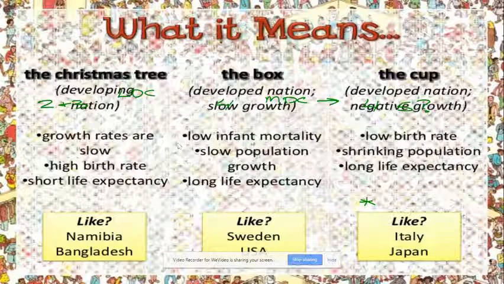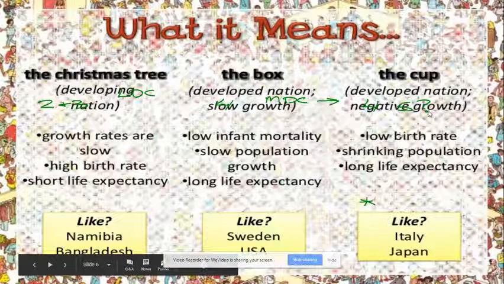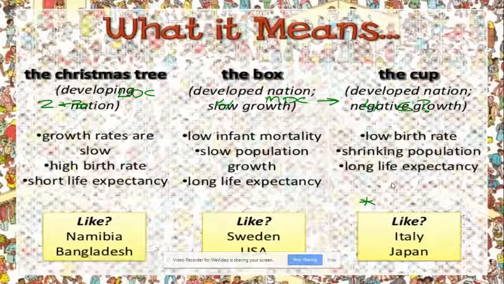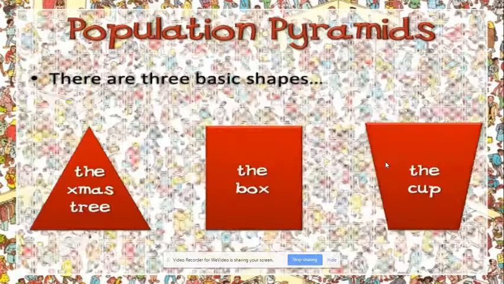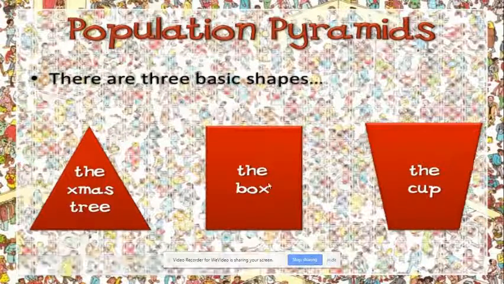In the box, you find low infant mortality, meaning more children live through childhood. Population growth is still relatively slow, and there's a long life expectancy. These are countries like Sweden and the United States. And the cup is a country where you find negative growth. There's a low birth rate, a shrinking population, and a long life expectancy. So you see low birth rate, very high life expectancy, and then not a great working age population.